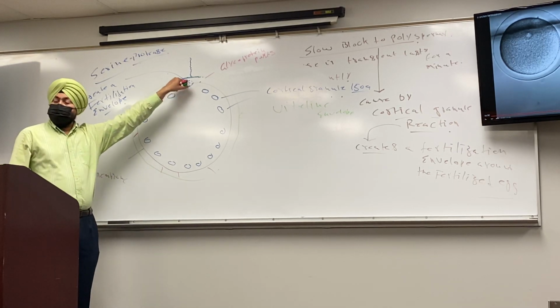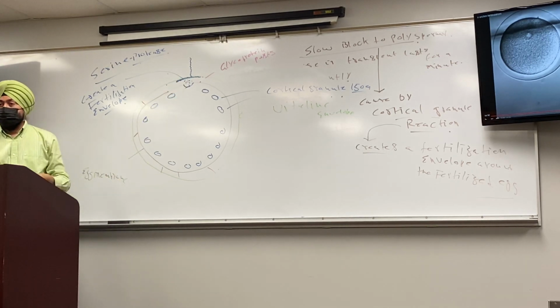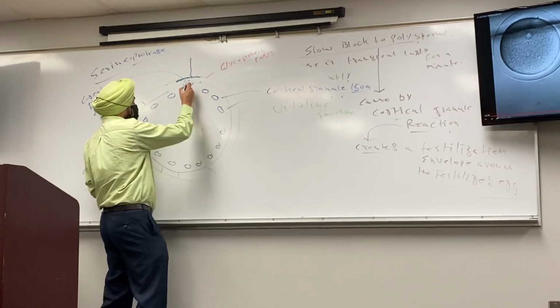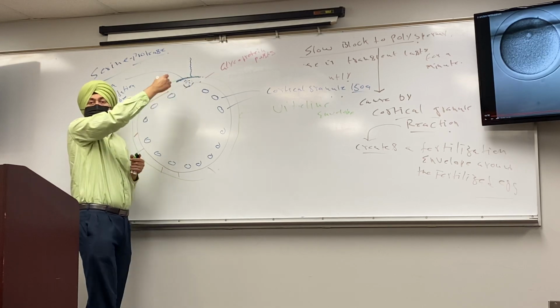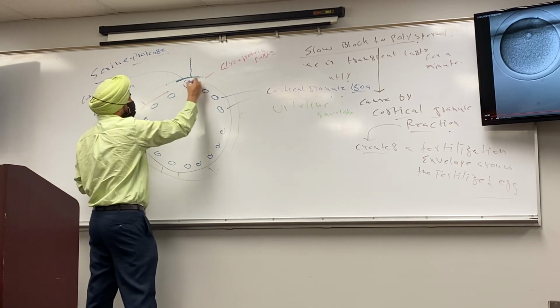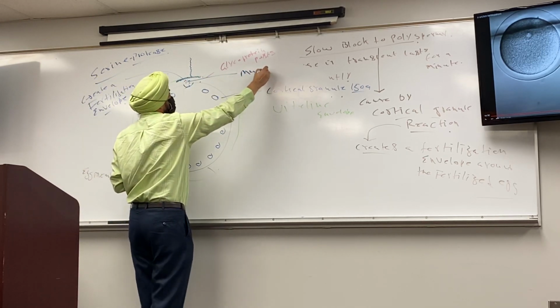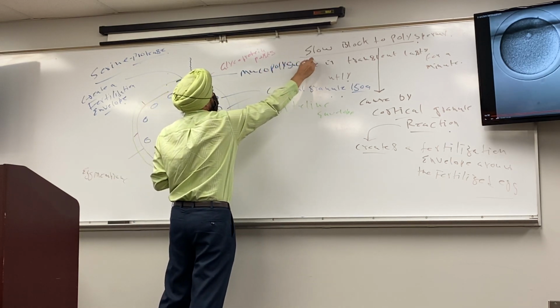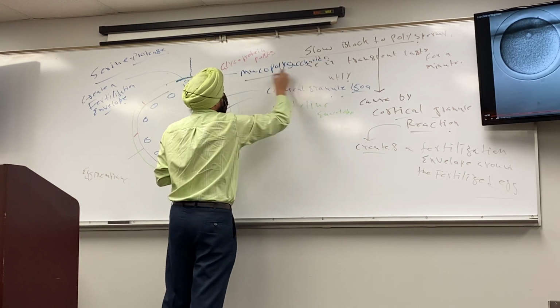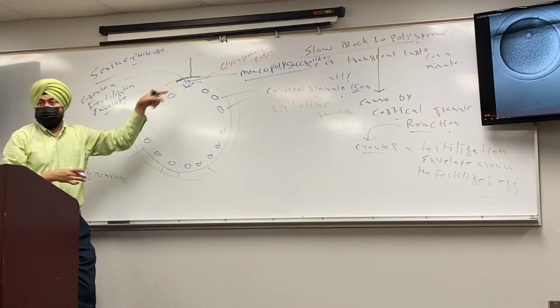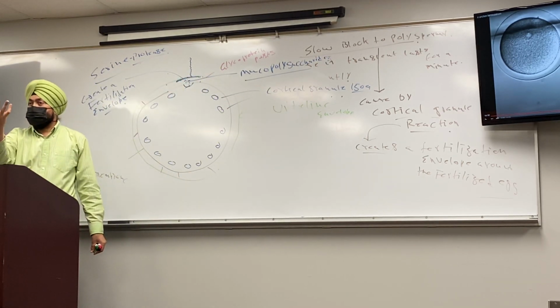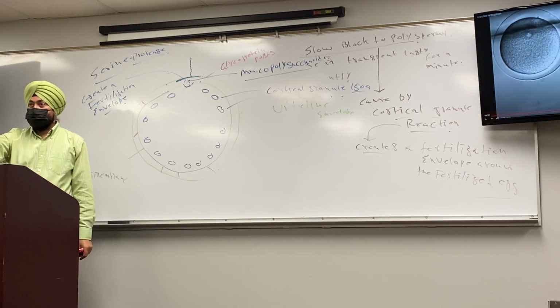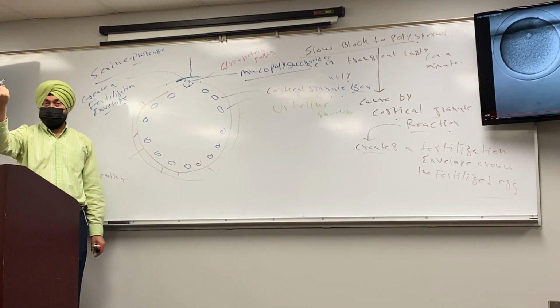Right here, they were also having some mucopolysaccharides. So remember that we said they also have some mucopolysaccharides. So here, you also have mucopolysaccharides, which are part of the contents of cortical granules. Okay? Now mucopolysaccharides are sugar.